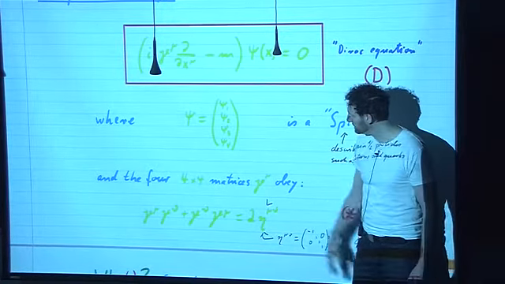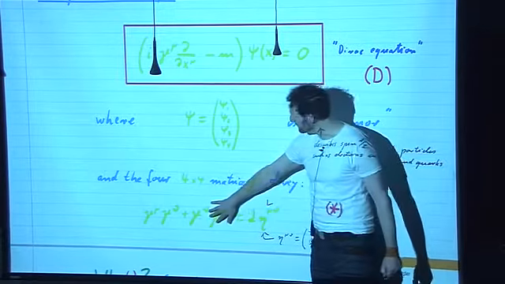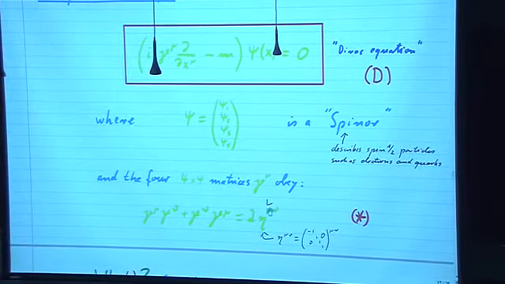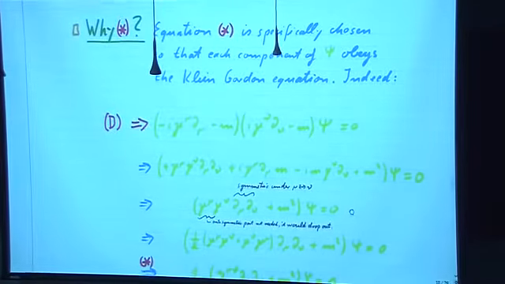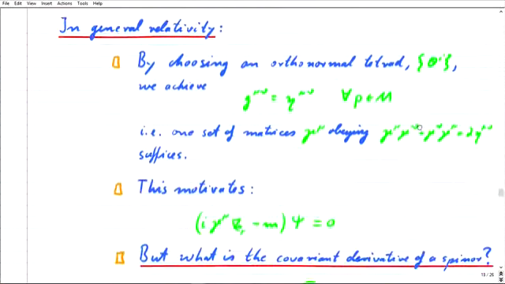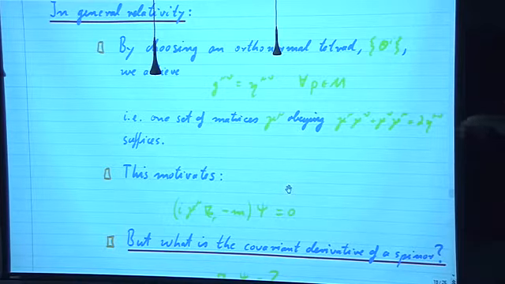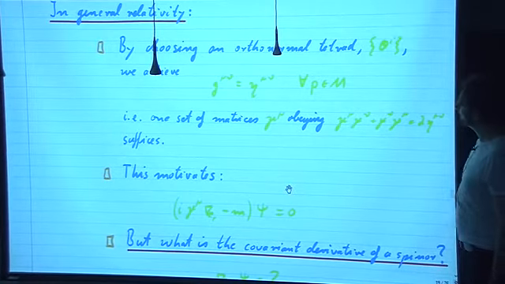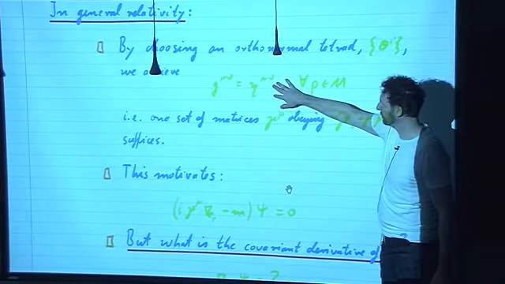And when we do that, then we need only one set of gamma matrices to express the Dirac equation everywhere. Okay, so in general relativity, we choose an orthonormal tetrad. So we choose an orthonormal set of cotangent vectors so that the metric always takes this form.